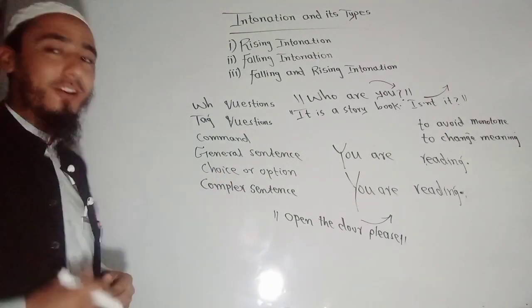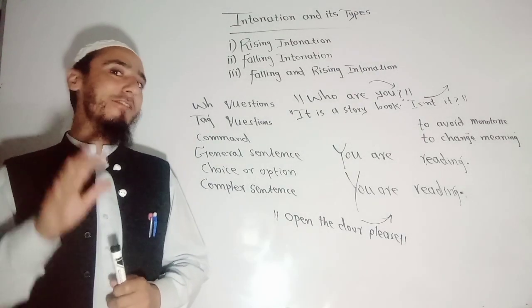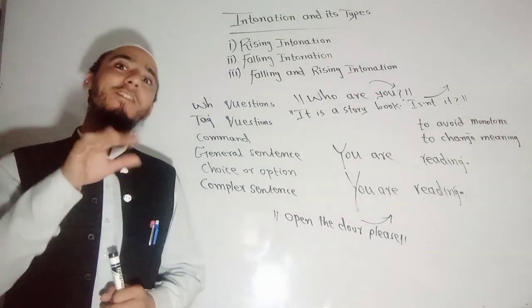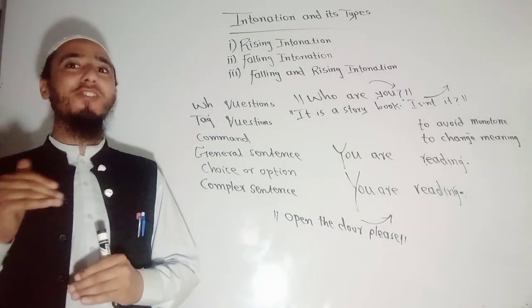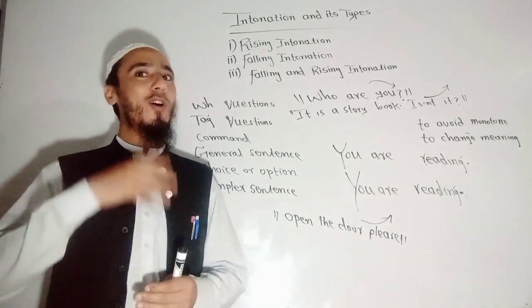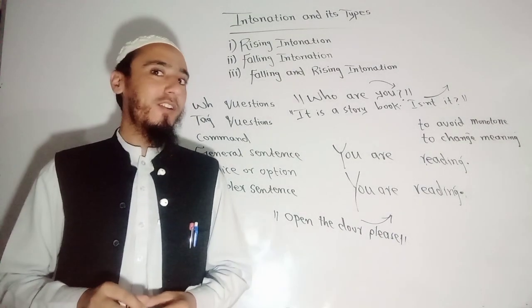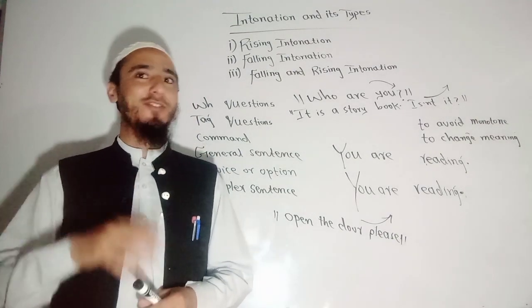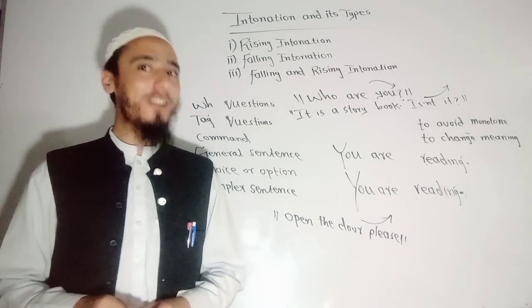Okay. Choice or option. If you are talking about choice or option, there will be rising and falling intonation. But remember, in the first option there will be rising intonation, and in the next option there will be falling intonation.